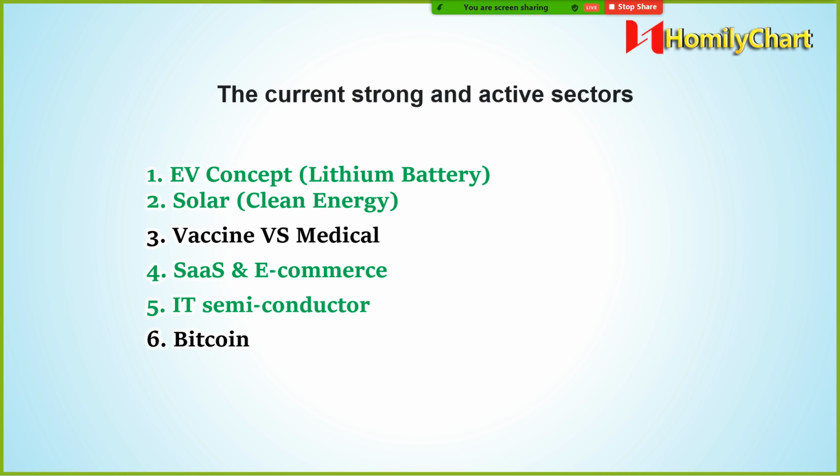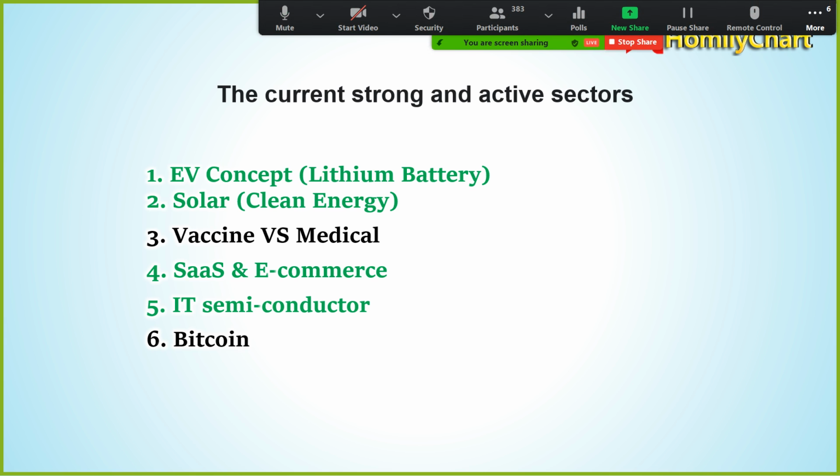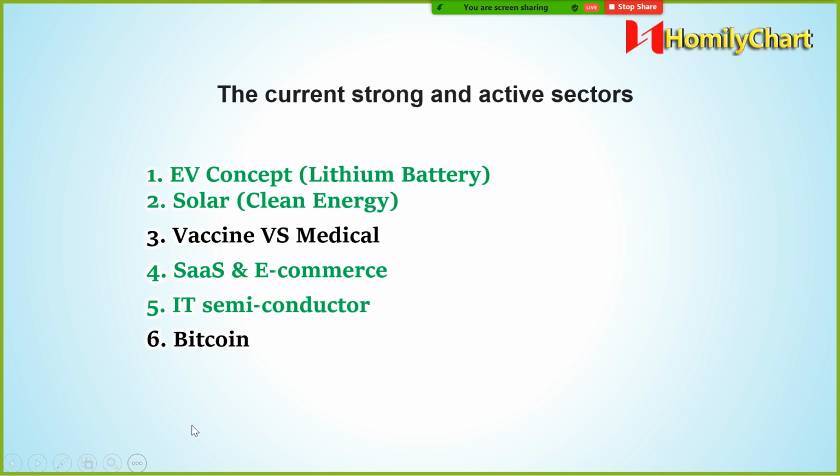Then the Bitcoin. So you see the Bitcoin and vaccine medical, I use black color. So that means that is not the most potential one. I also think the green color, like number 1, number 2, number 4, number 5, this is very important.